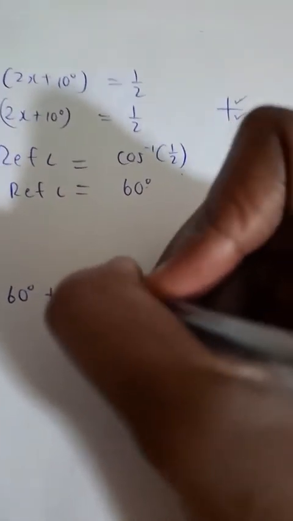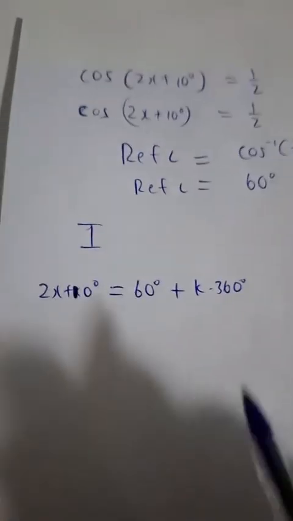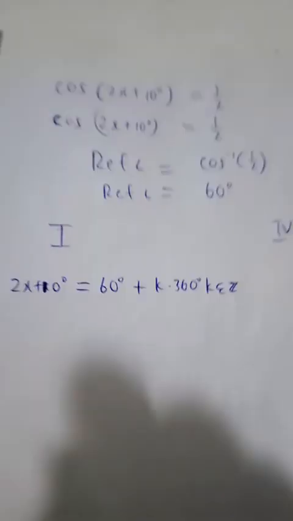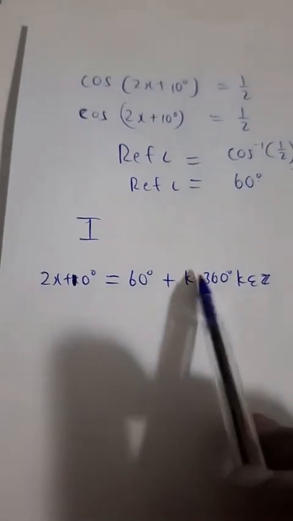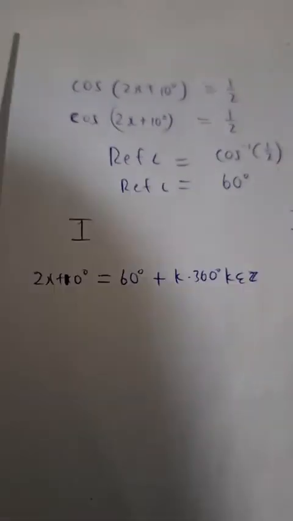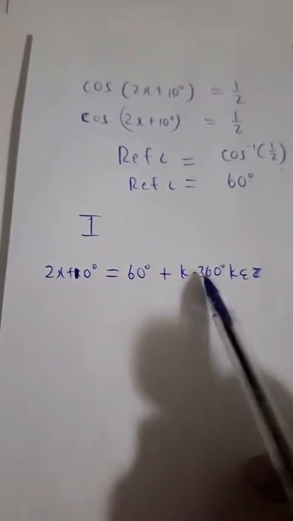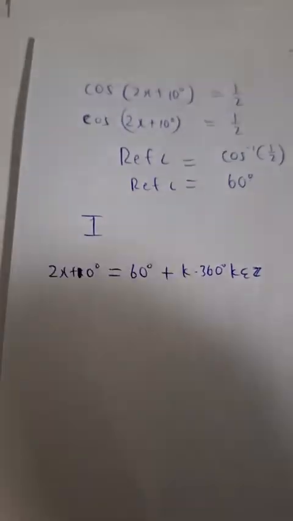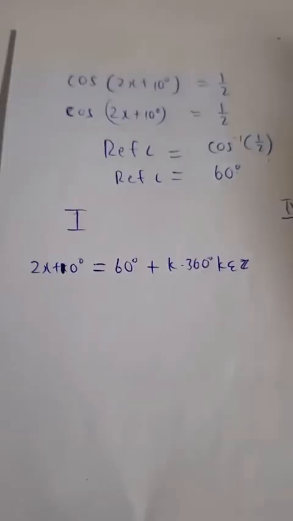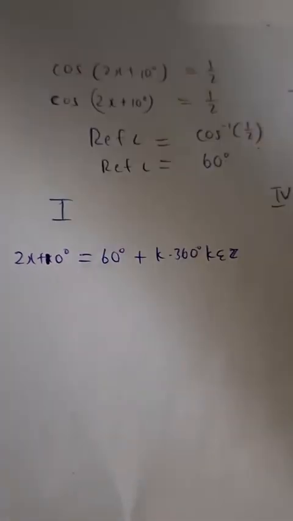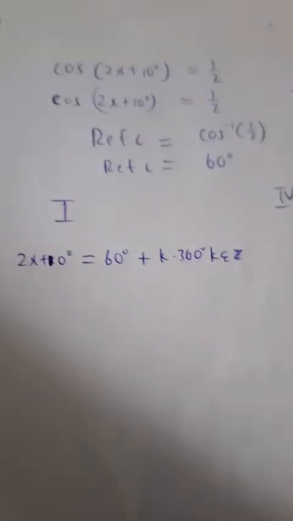Plus k 360, because we use the period of cos to be able to write multiples of that particular period value. Now we are going to revolve around and around that unit circle, 0 to 360, from 360 to 720, and so it goes.